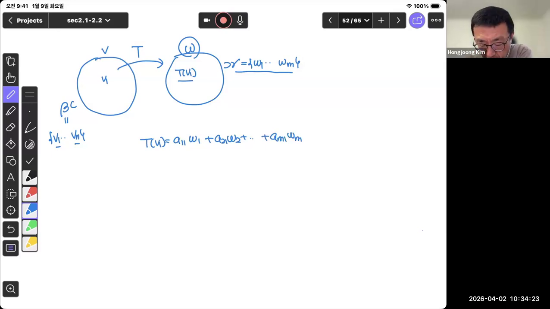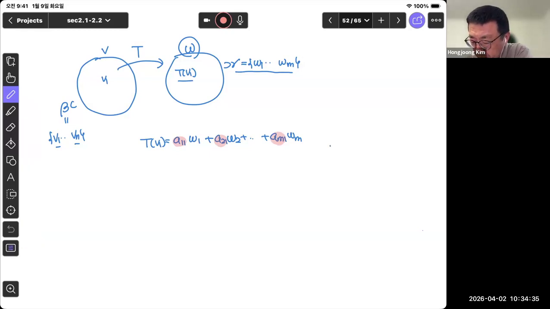Then these coefficients A11, A21, up to AM1 go to the first column of the A matrix.